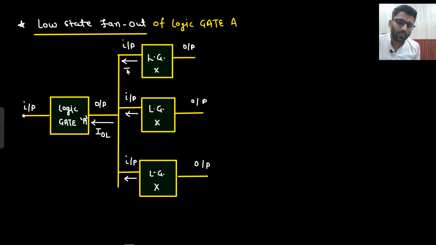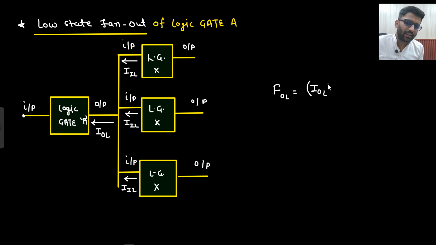So when input is logic low, how much current are they providing? How will the fan out be decided for low state? Maximum current it can take divided by the current it will provide.